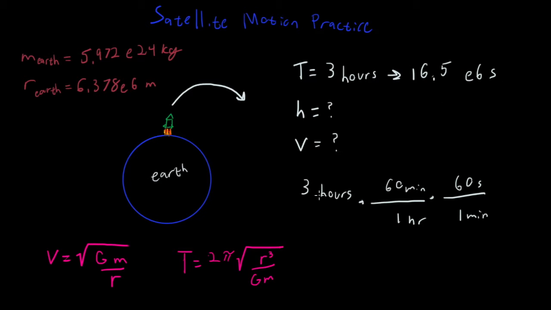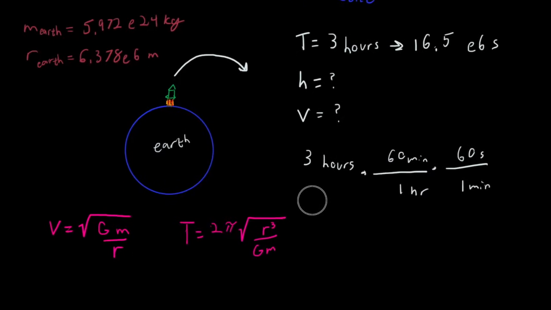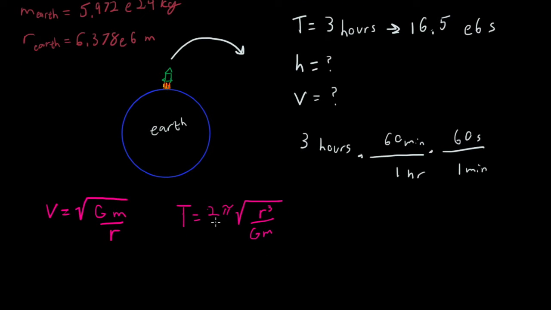And I'm going to come down here and start plugging that into this equation. I have 2 pi, I have radius, I have the gravitational constant, and the mass of the Earth. Now, this radius is going to be my total orbital radius from the center of the Earth. So when I want to find the height, I'm going to need to take my pink radius, that one, minus the radius of my Earth. So let's get started.